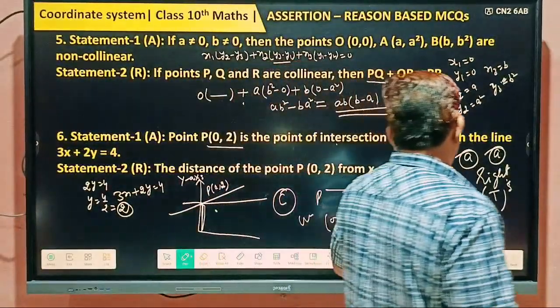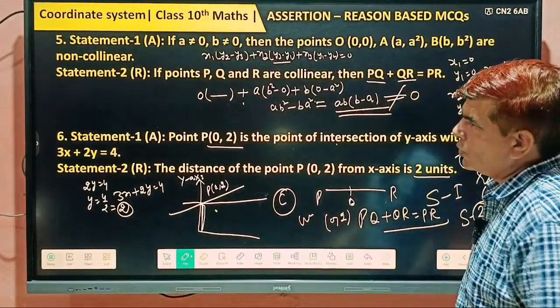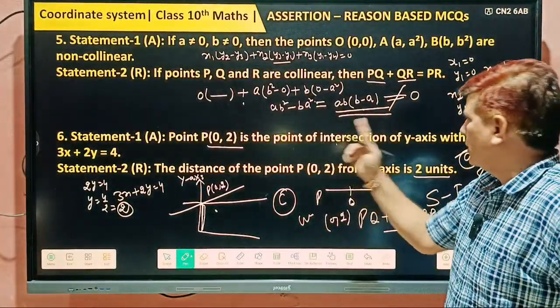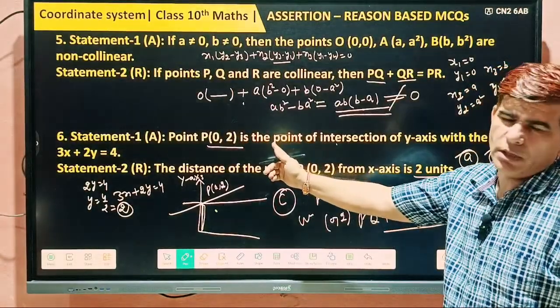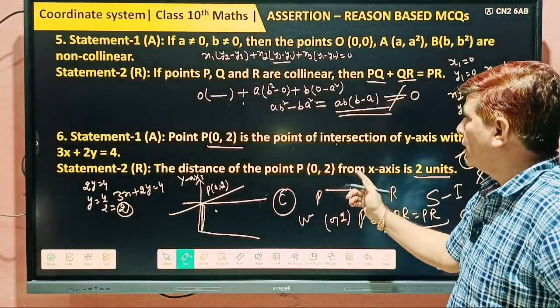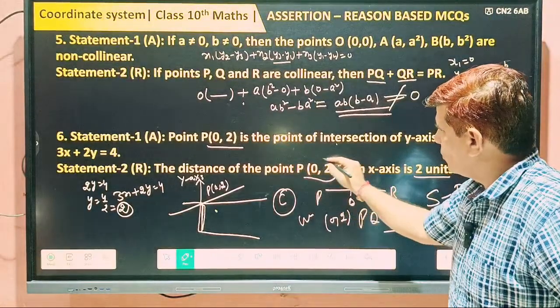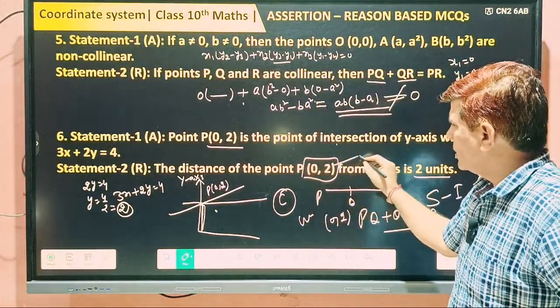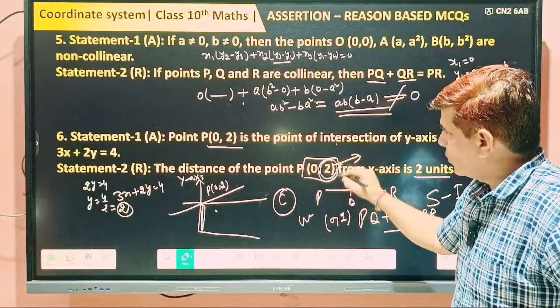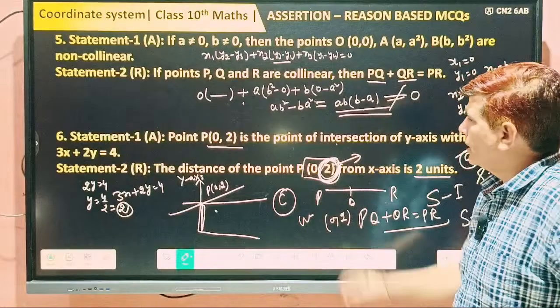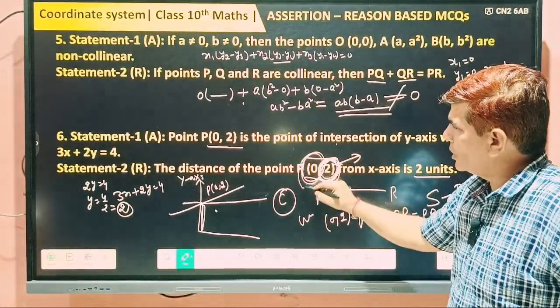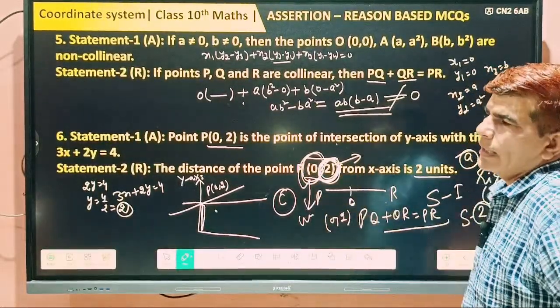But statement S2 is not the correct explanation of it. This is telling about another topic. This is telling that if these are the coordinates of a point, then the y coordinate is the distance from the x-axis and the x coordinate is the distance from the y-axis.